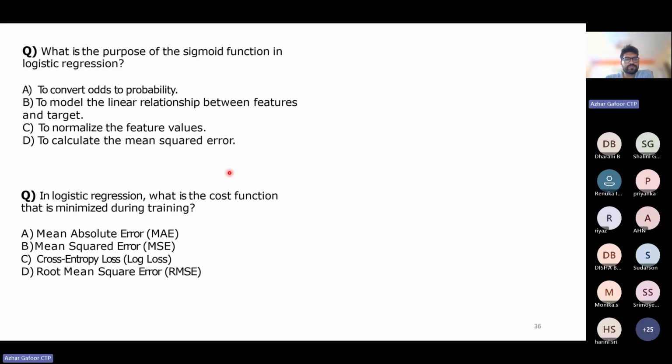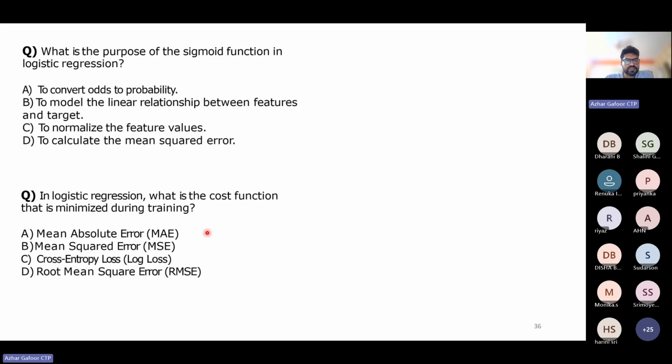So what is the purpose of sigmoid function in logistic regression? A. Yes, it's correct.